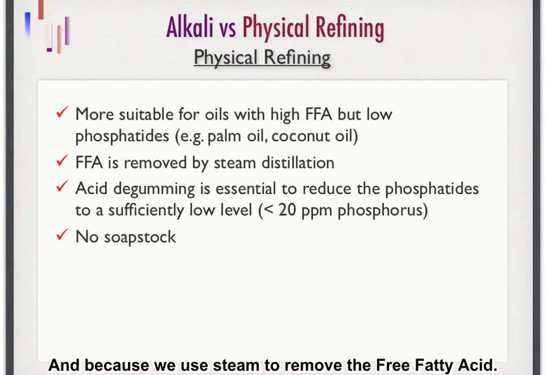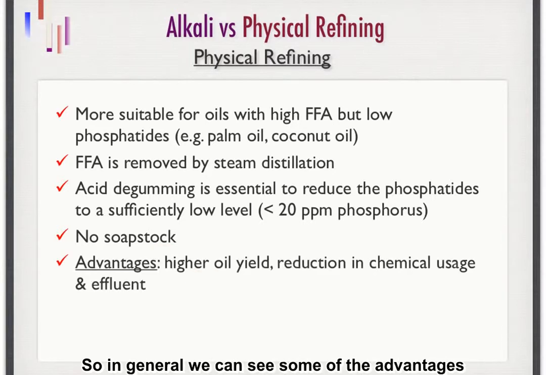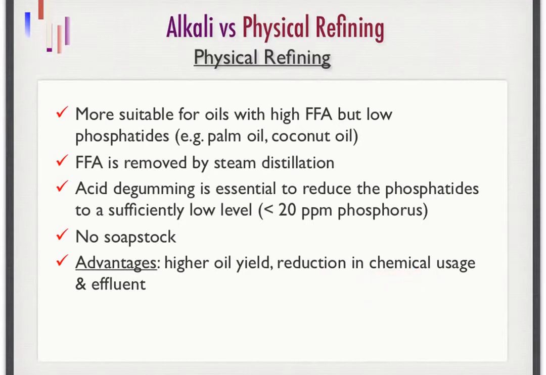And because we use steam to remove the free fatty acid, no soap stock is produced, unlike in alkali refining, because in alkali refining the free fatty acid is reacted with the alkali to produce a soap stock. So in general, we can say some of the advantages of physical refining: we can get a higher oil yield, we can get a reduction in chemical usage, and also less problem with waste treatment.